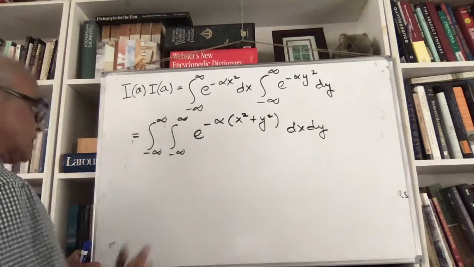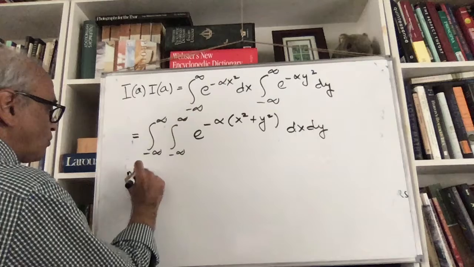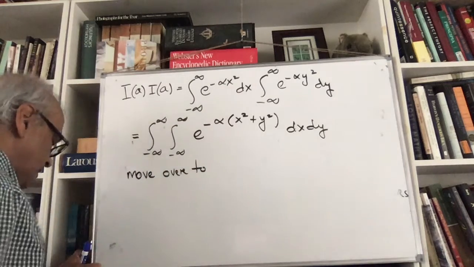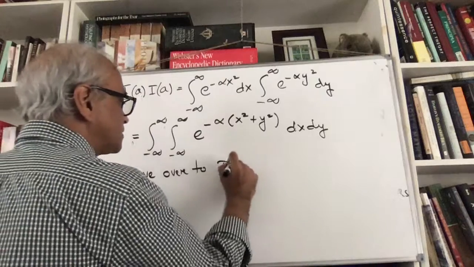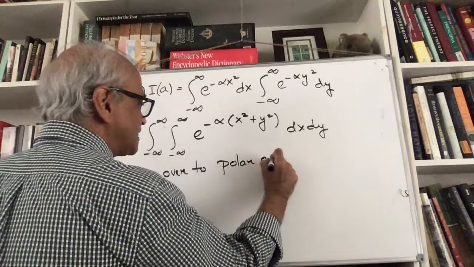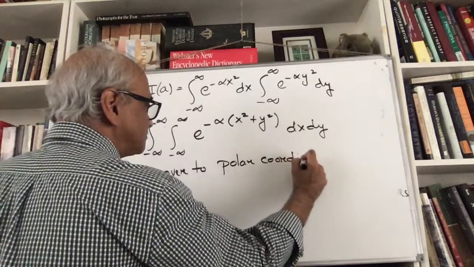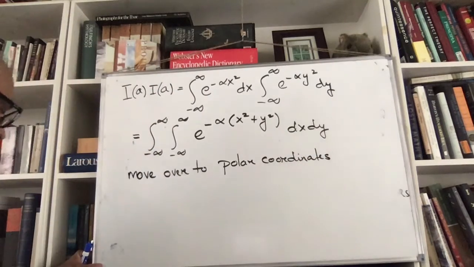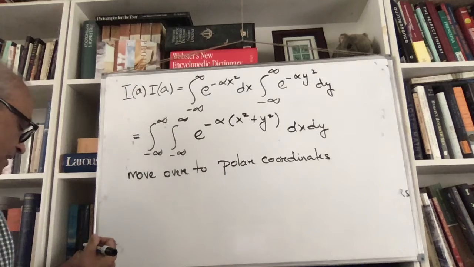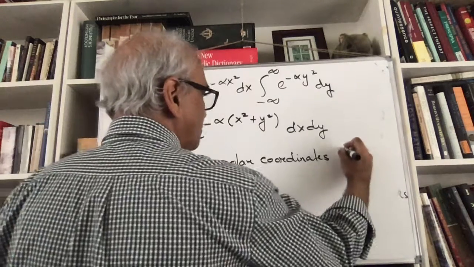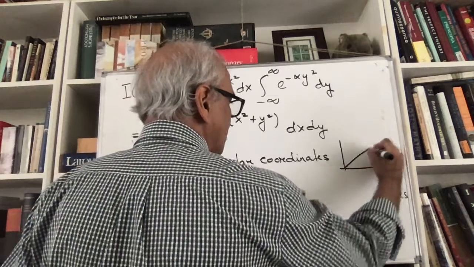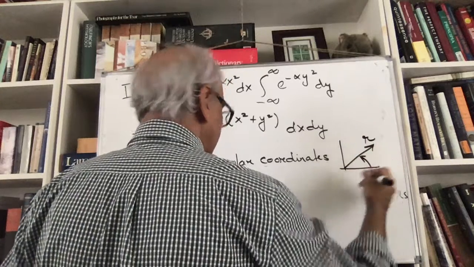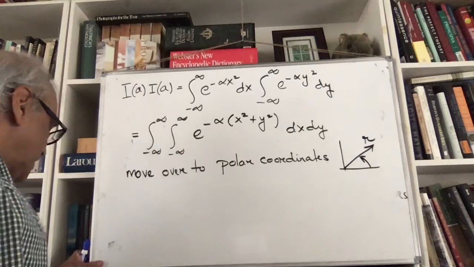Okay. Then I want to move over to polar coordinates, which again is a technique. You can go from a Cartesian system dx dy to polar coordinates, where you have an r and then you have an angle, could be theta, could be phi.